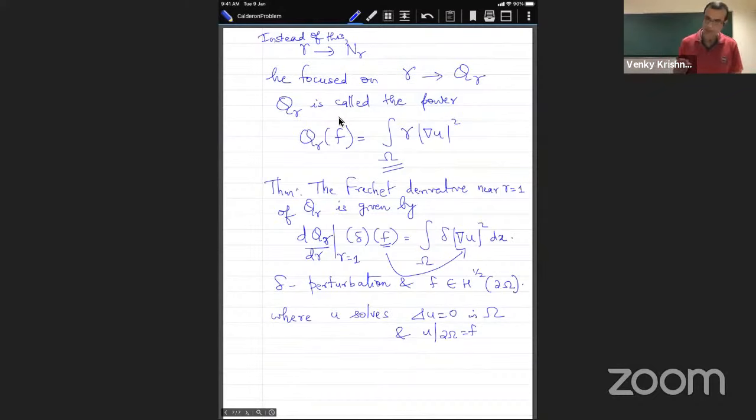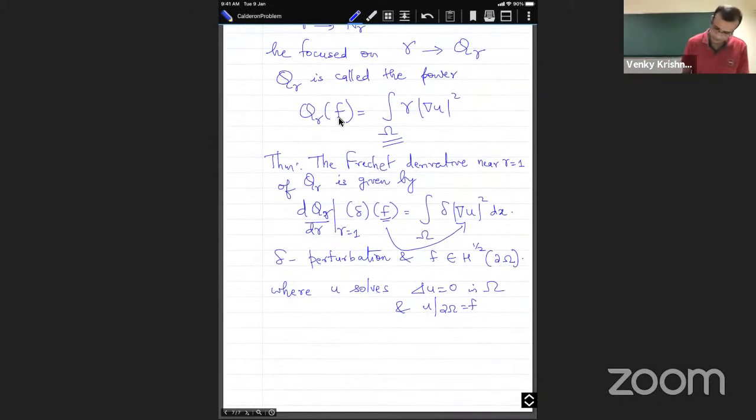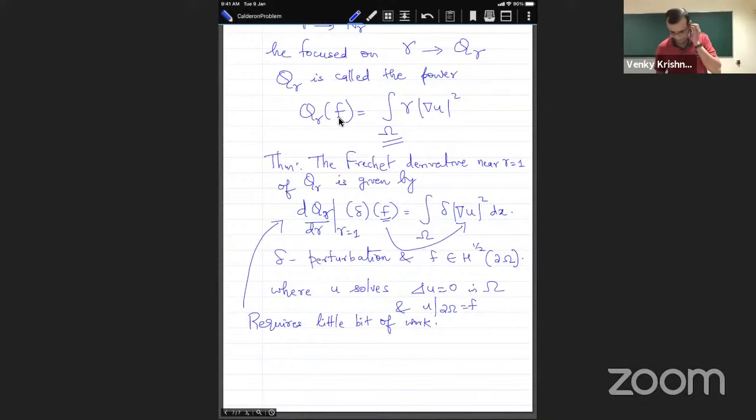Now, why is it that the Laplacian comes here? This requires a little bit of work, and I can give some references.